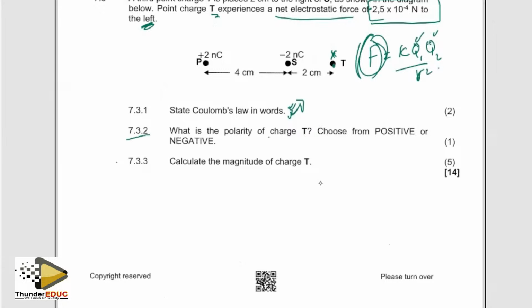Then 7.3.2, what is the polarity of charge T? Is it positive or negative? What we need to understand is that if our resultant as a result of everything is negative, chances are high this is going to be a positive.